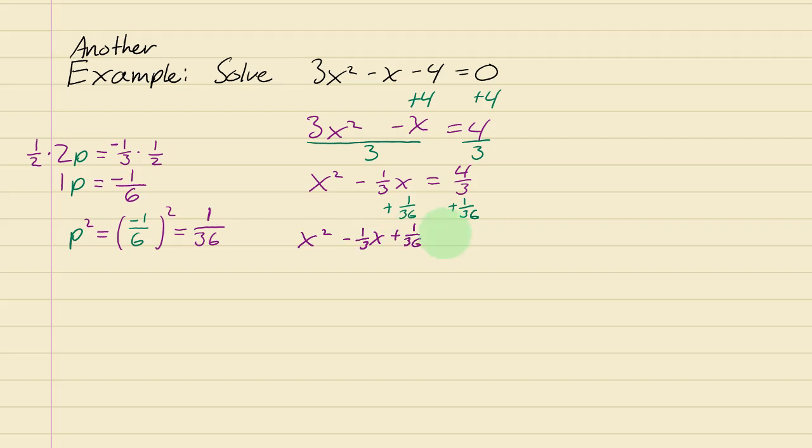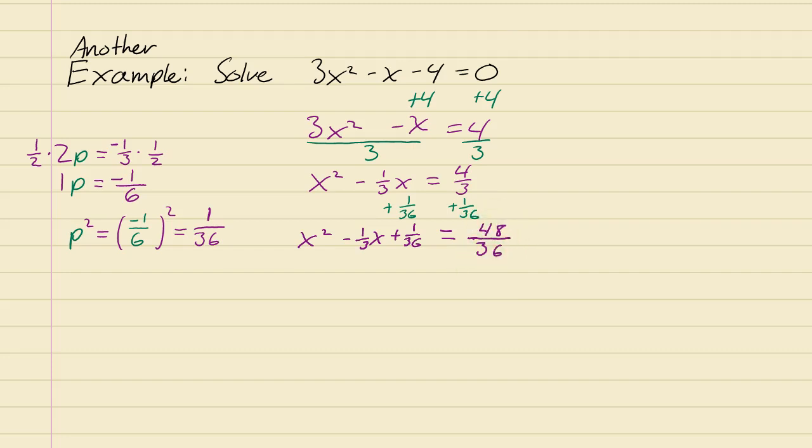And on the other side, how do we add these together? Well, let's try to make them have the same denominator. So I'll try to write the 4 over 3 as something over 36. Well, I can multiply 3 by 12 to get 36, so I can also multiply 4 by 12, which is 48.